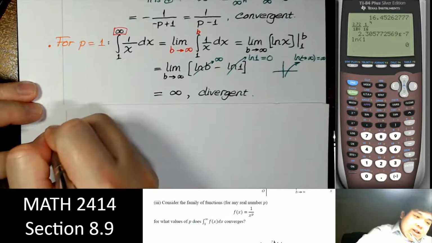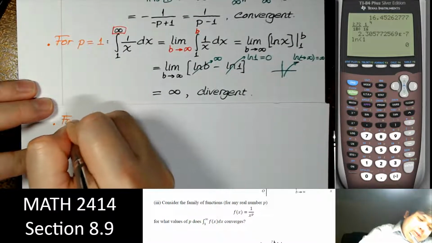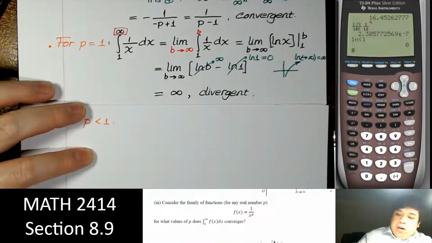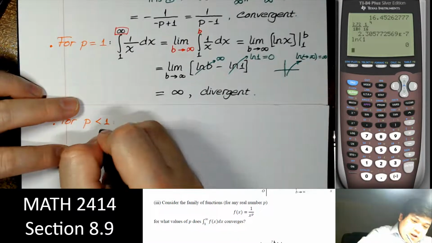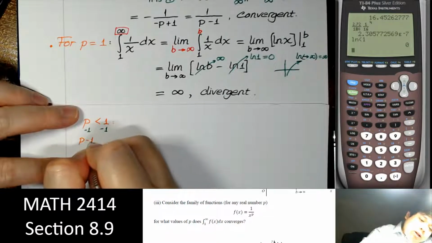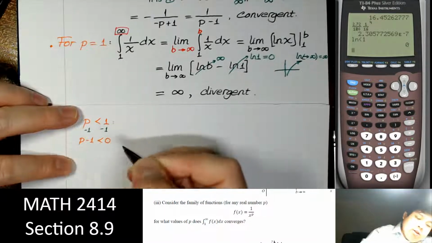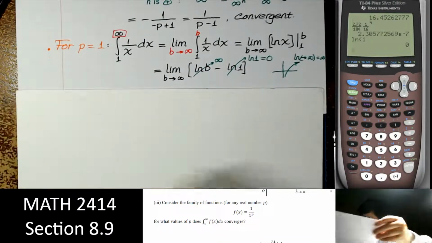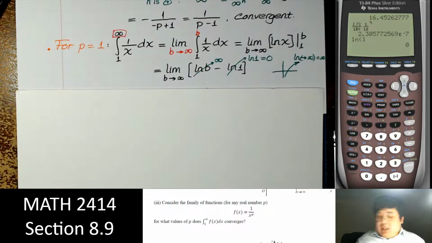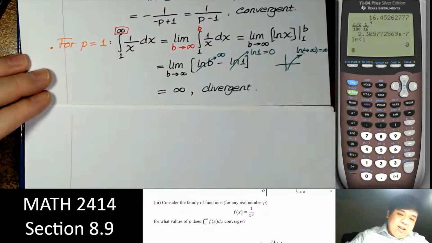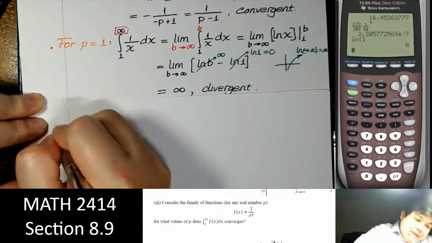Right, case number 3: p less than 1. If p is less than 1, subtract 1 on both sides, and p minus 1 is negative. Keep that in your back pocket, actually.